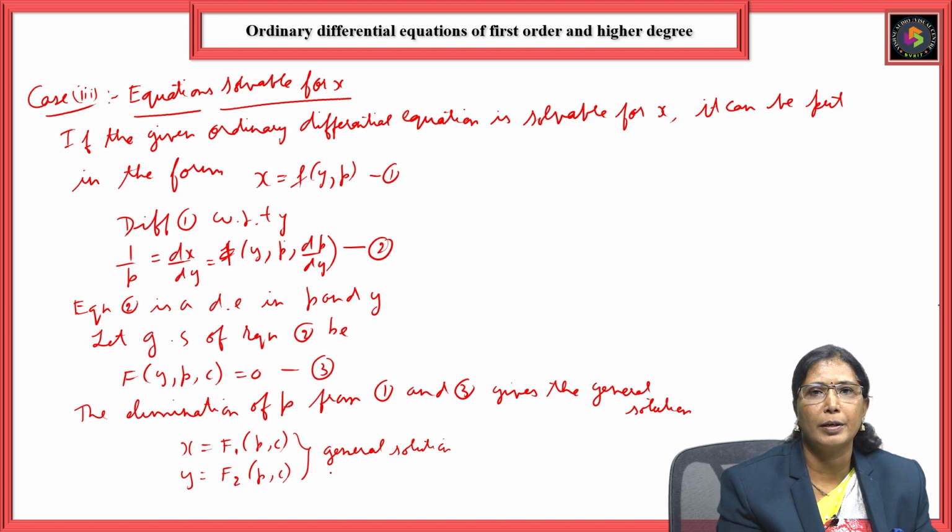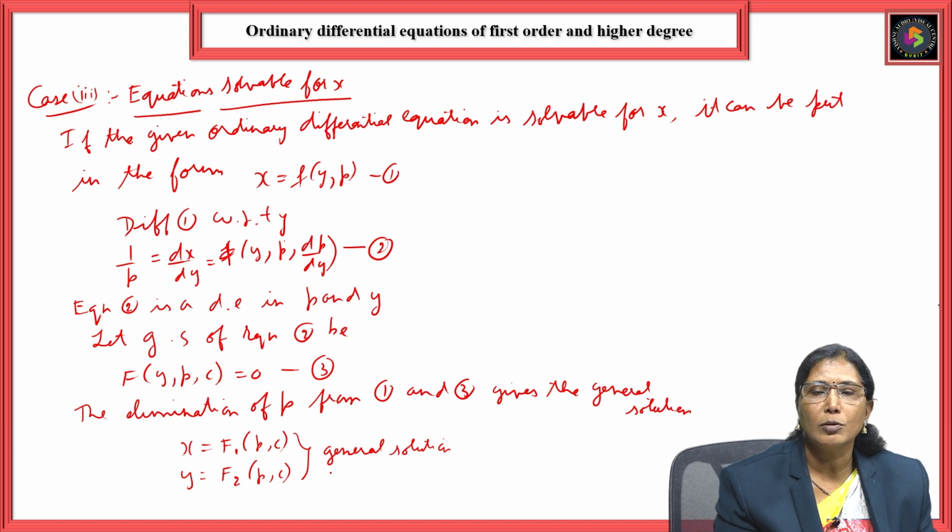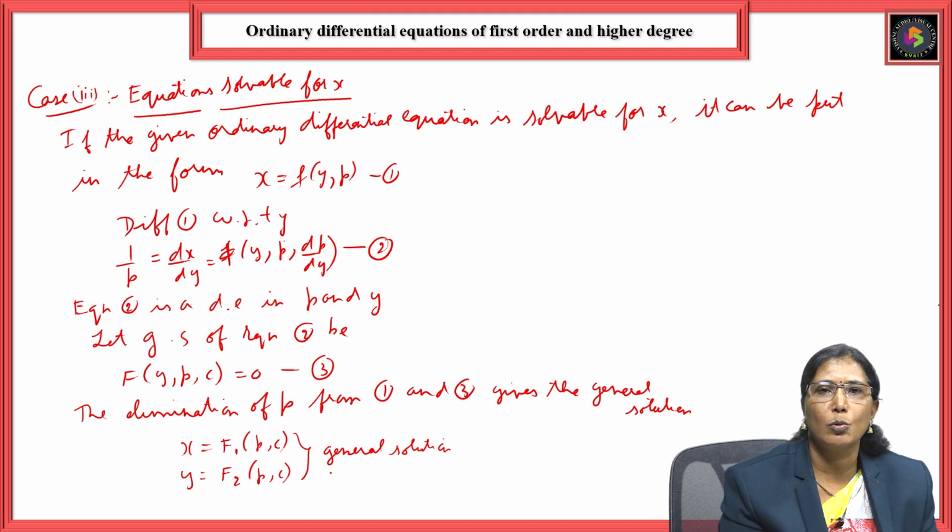Once again I repeat, sometimes it is not possible to eliminate p between equation 1 and 3. Now sometimes you get a factor of equation 2 which does not contain dp by dy. If you solve that factor and equation 1, we get a singular solution, but that singular solution is not in the syllabus.